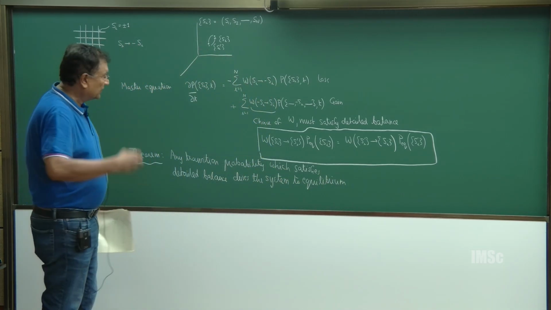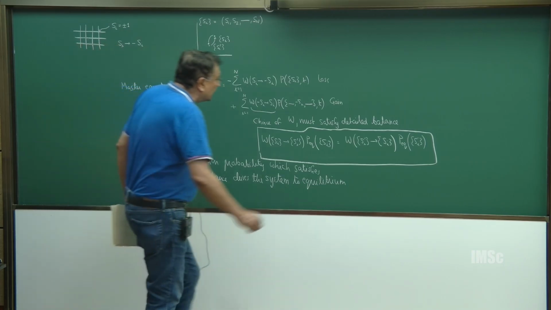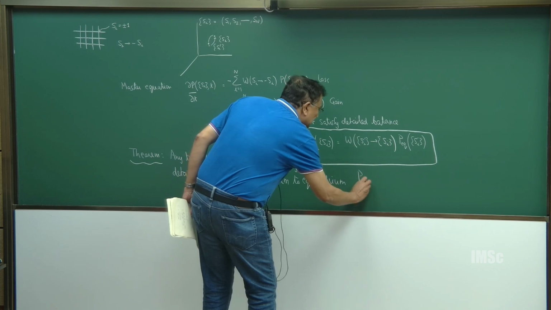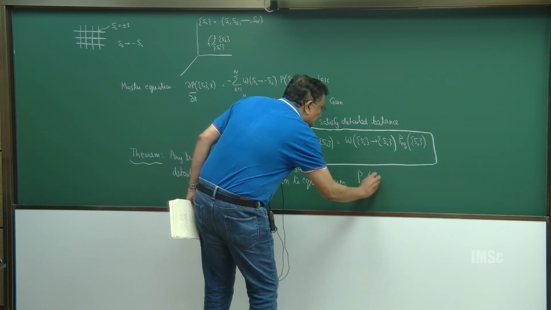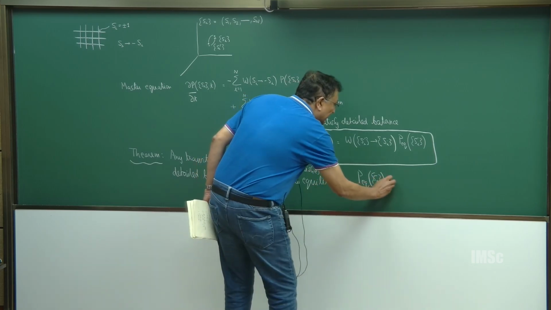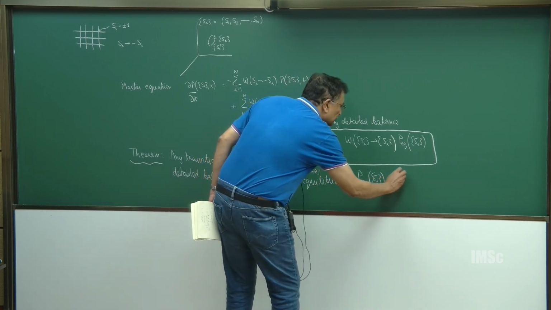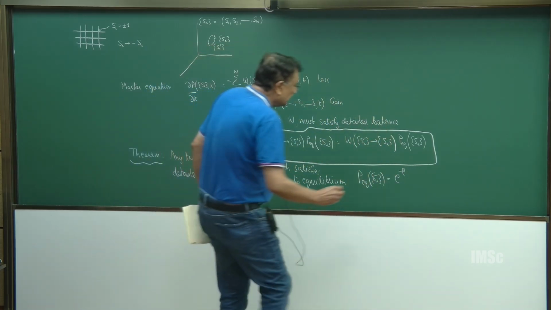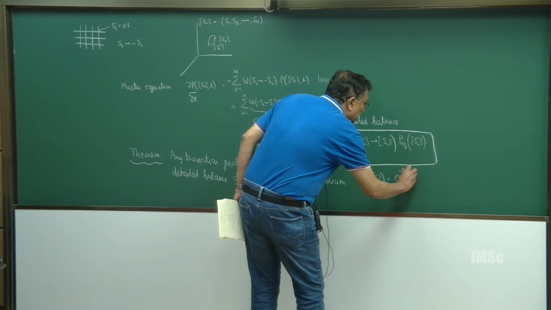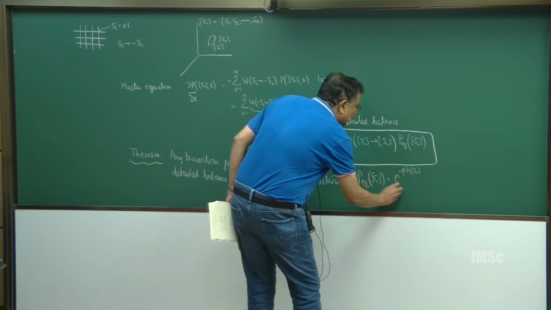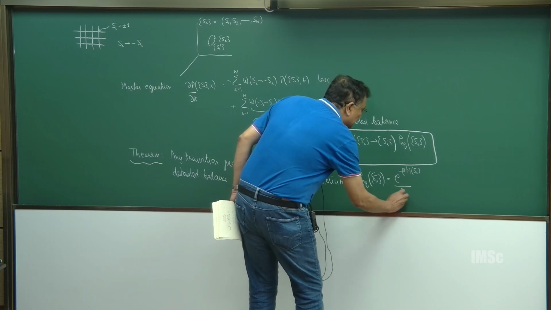Even if you are doing a non-equilibrium problem, you need to know what your final state is. So basically, the equilibrium ensemble is where the probability is just the Boltzmann factor e raised to the power minus beta, where beta is of course 1 over temperature, times H, the Hamiltonian, divided by the partition function.